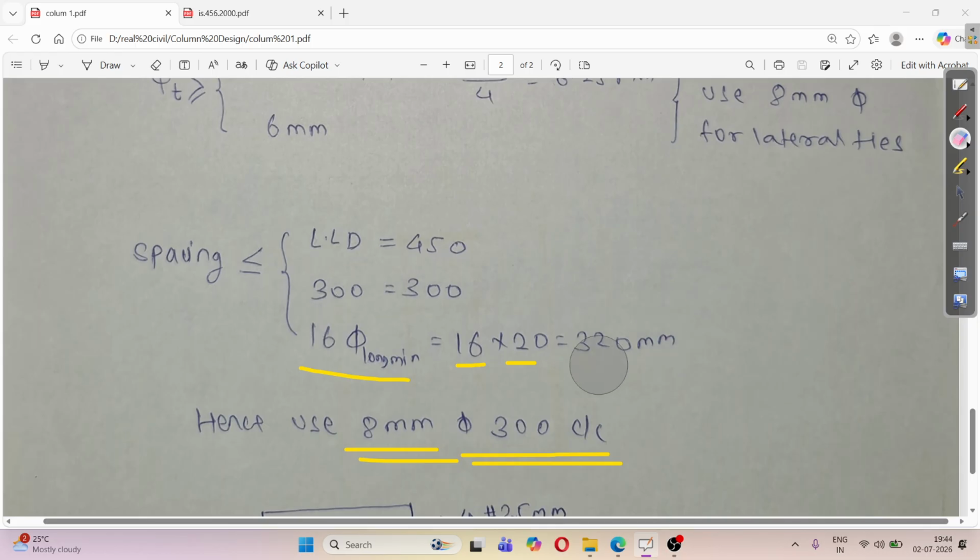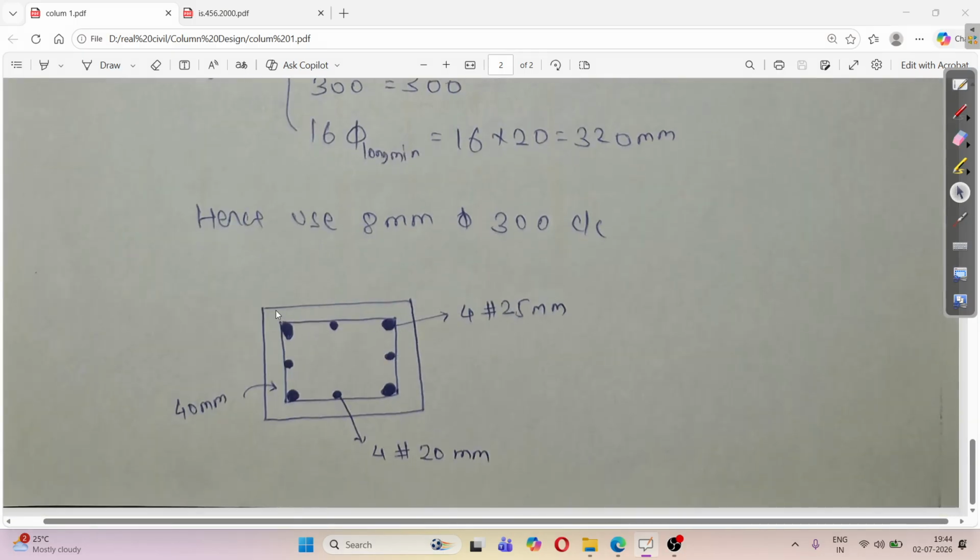So let's see the last, that is the cross section. This is our column. This is 600 by 450. We can provide minimum 40 mm cover. These are our longitudinal bars of 25 mm, and these are the 20 mm bars, and this is the stirrup.